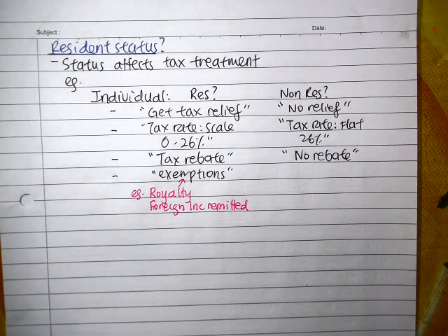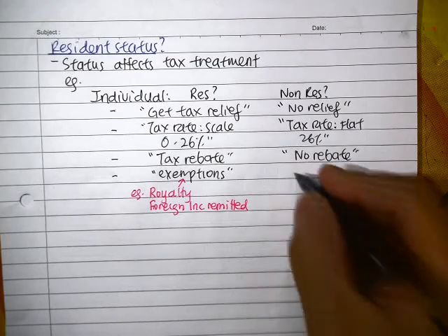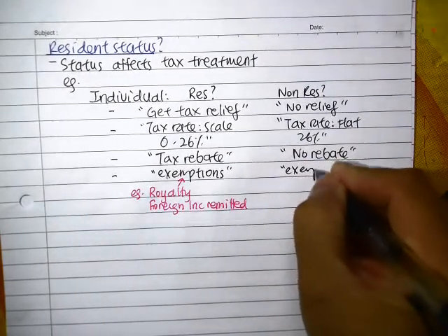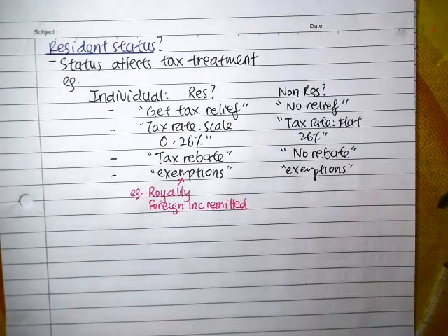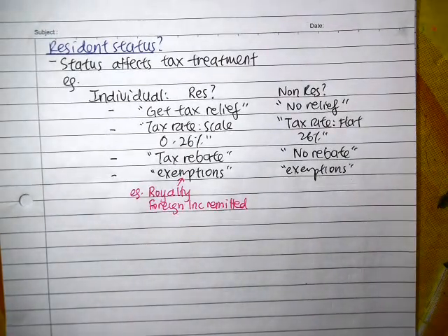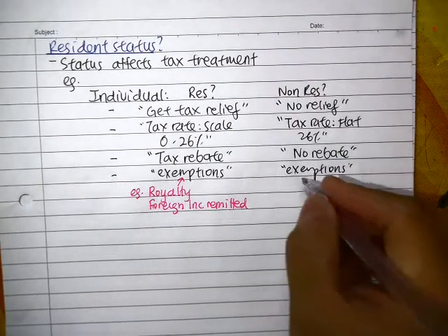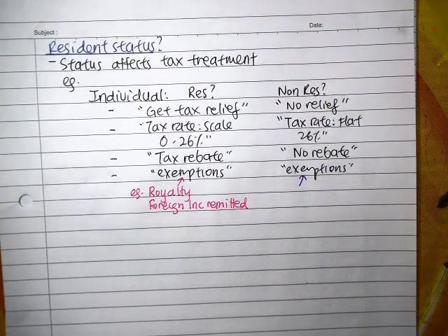Now, I'm not saying that non-residents get no exemption. They also get exemption, but they have different exemption. Remember any exemption that a non-resident is getting? The 60 days rule, remember?